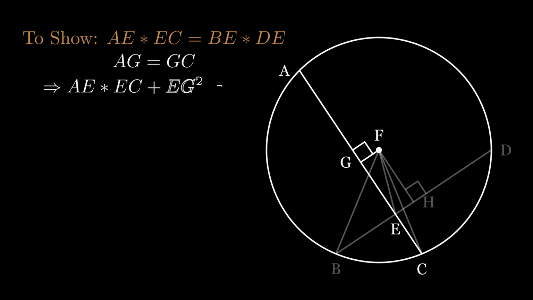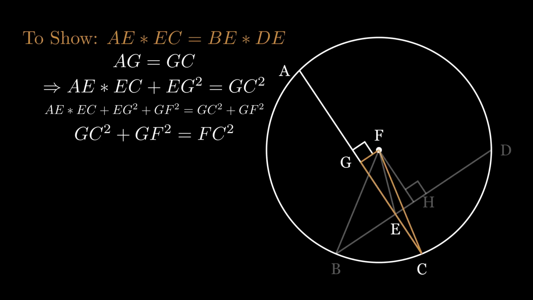Proposition 2.5 says that AE times EC plus EG squared is equal to GC squared. Adding GF squared to both sides, and noting that since triangle FGC is a right triangle, GC squared plus GF squared is equal to FC squared, we see that AE times EC plus EG squared plus GF squared is equal to FC squared.